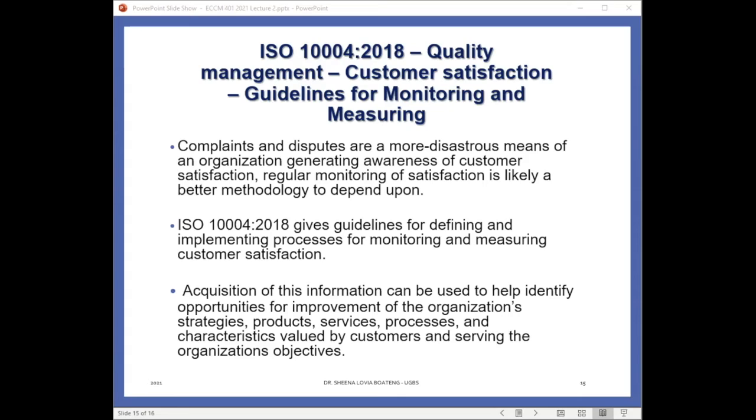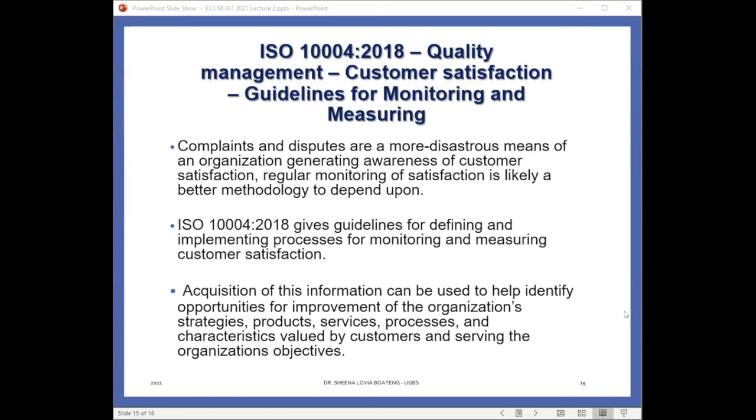Through the monitoring and measuring, they can identify any potential sources of complaints and disputes as well, and resolve or deal with them before they get out of hand. And that is what we are going to be focusing on throughout the period of our course.